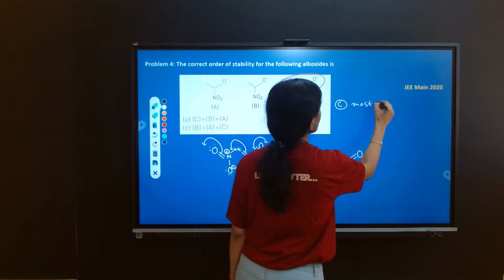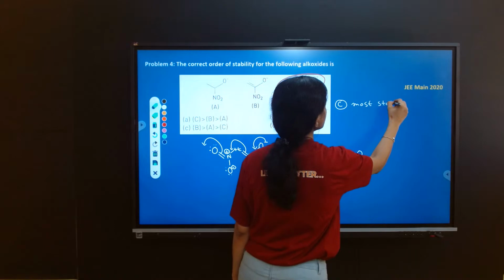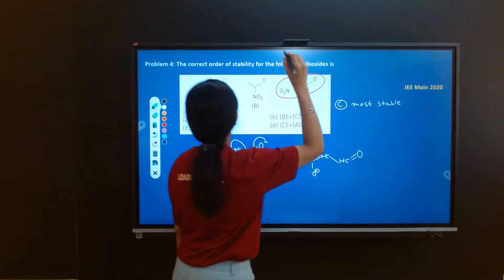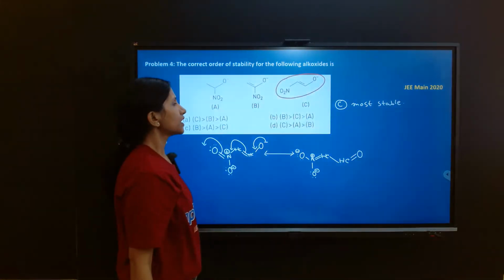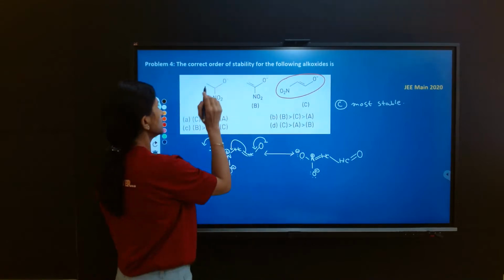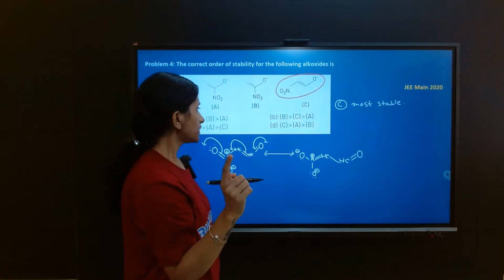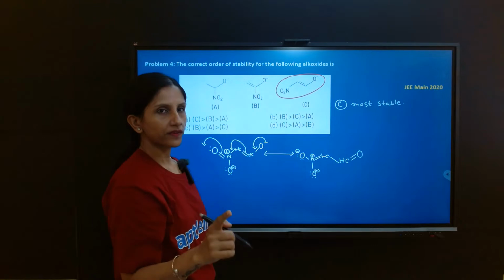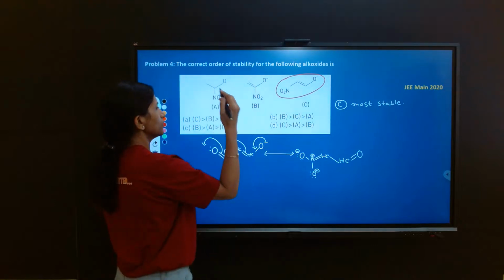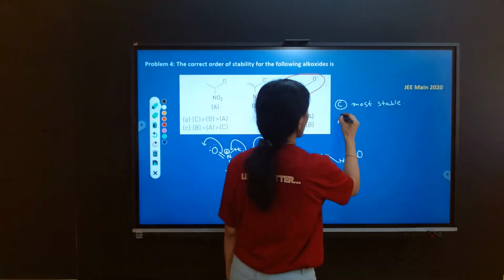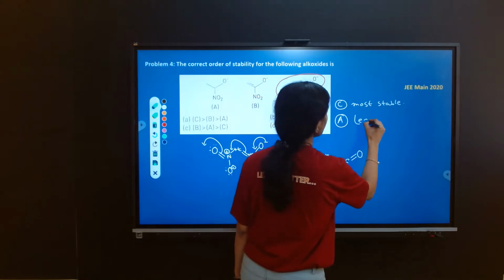Similarly, if you consider structure A, then you will see that no resonance delocalization is possible for this one. So we can consider A as least stable.